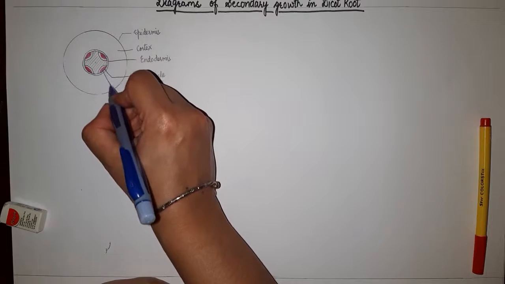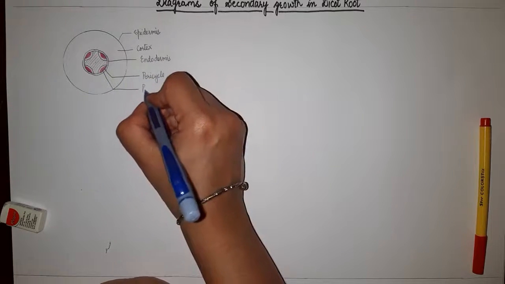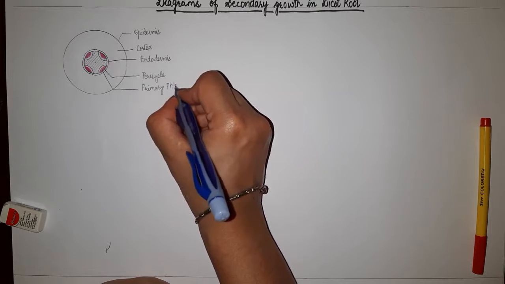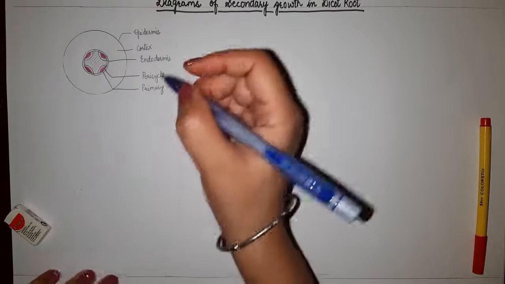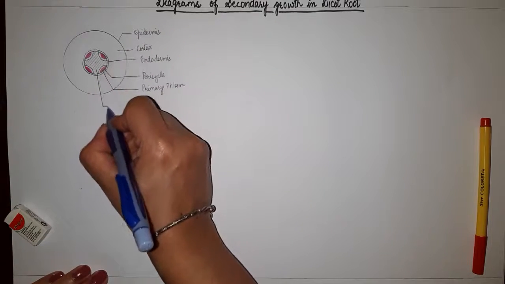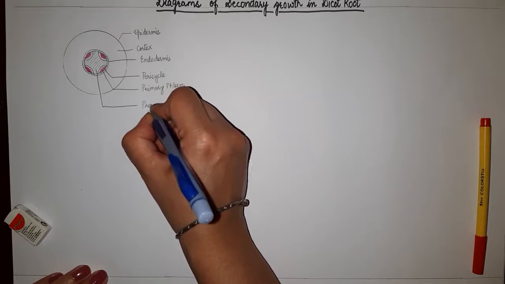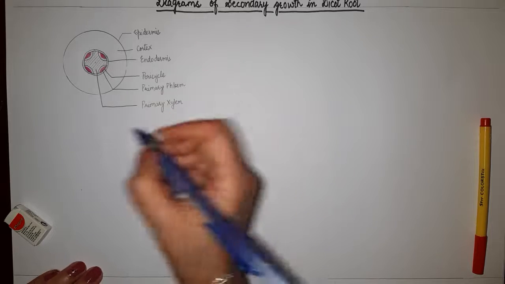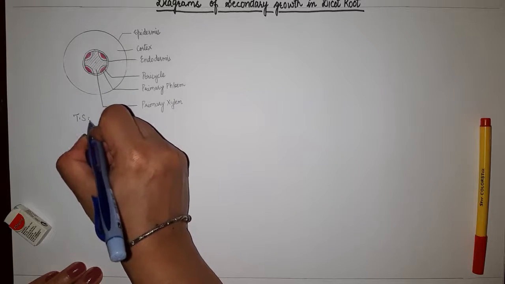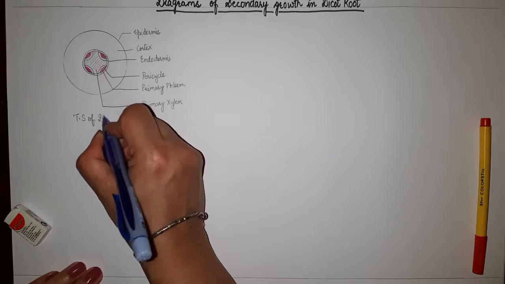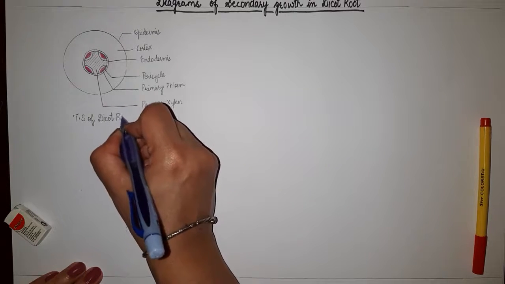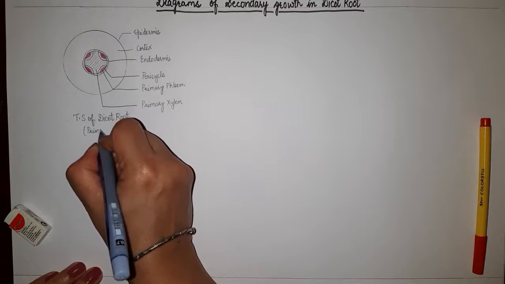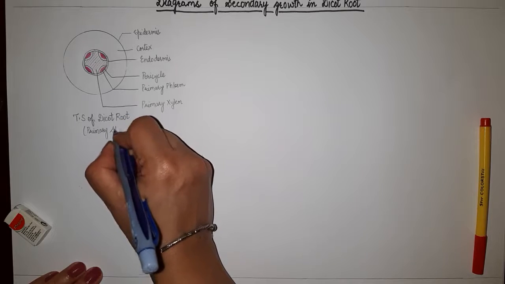The pink patches are primary phloem, and the central one is primary xylem. So pith is absent in this case. This is TS of a dicot root, and it is the primary structure.